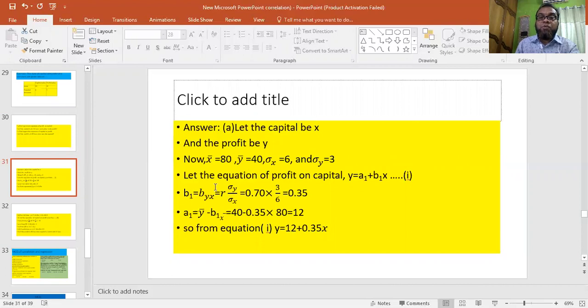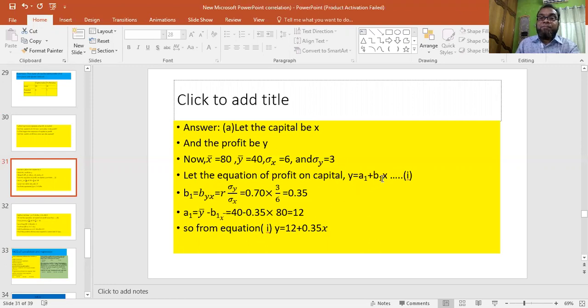Now we want to find the regression equation of profit on capital. Profit is denoted by Y, so it is Y equal to a1 plus b1 X. X is capital, that is, X is the independent variable, Y is the dependent variable.